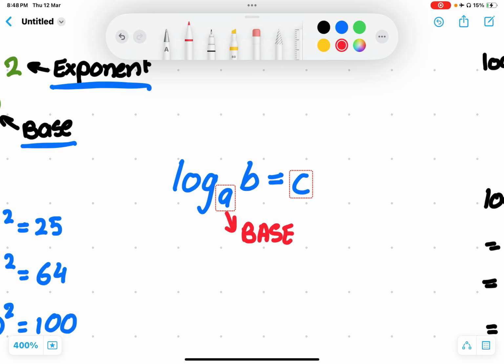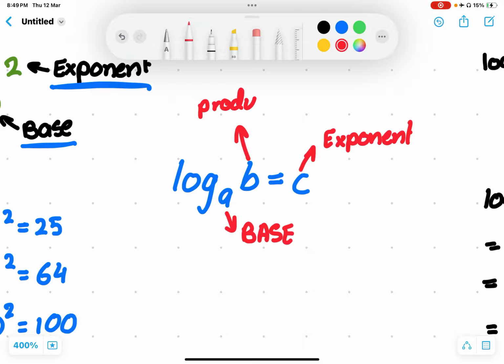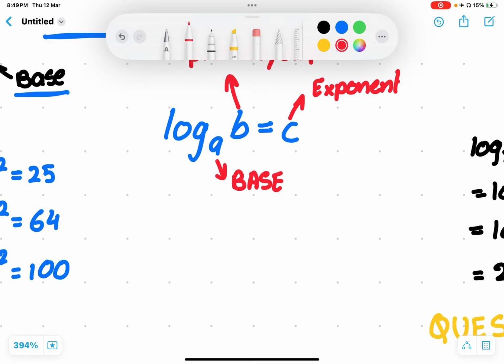C is the exponent. See how this is a bit different to how you would normally write it. And B is our product, the number that we get, the output, when we do our function of exponents.